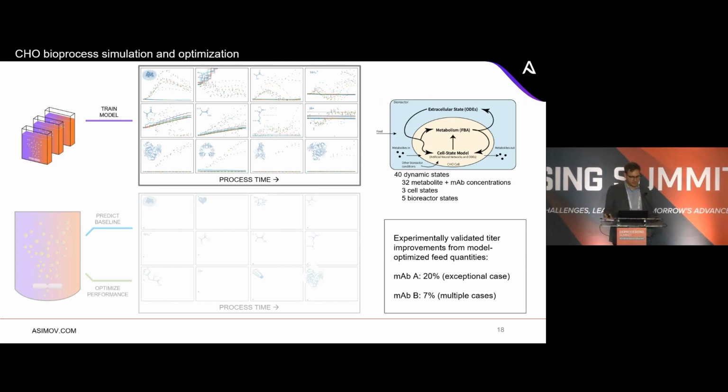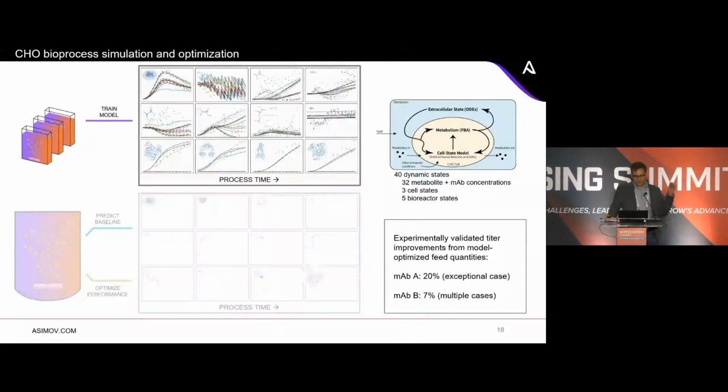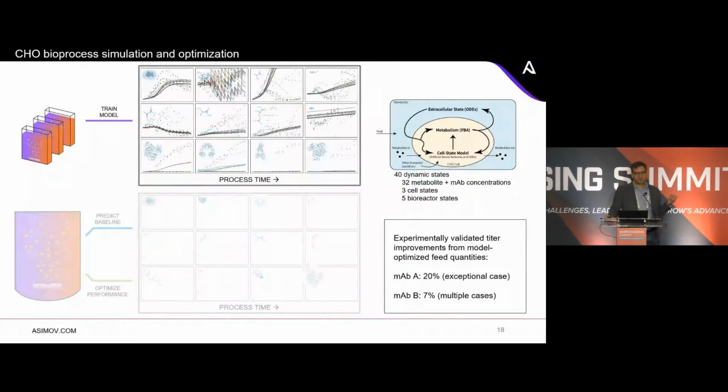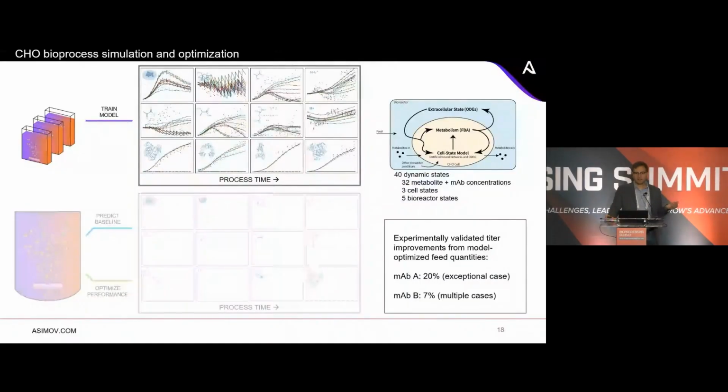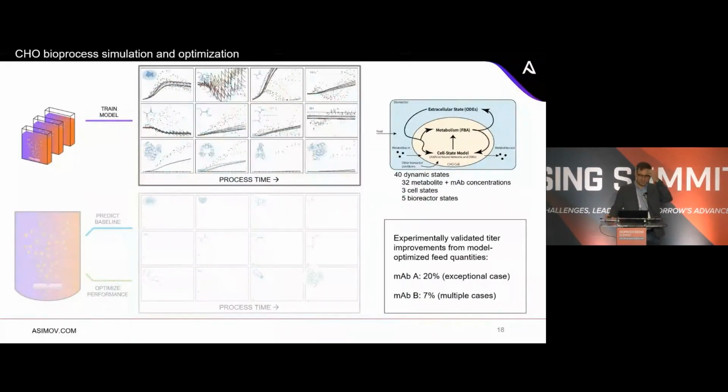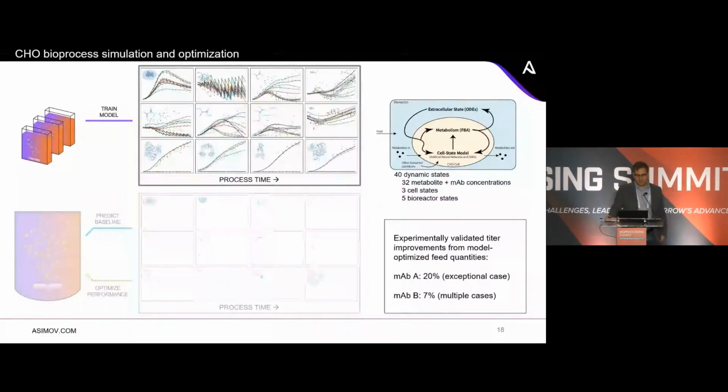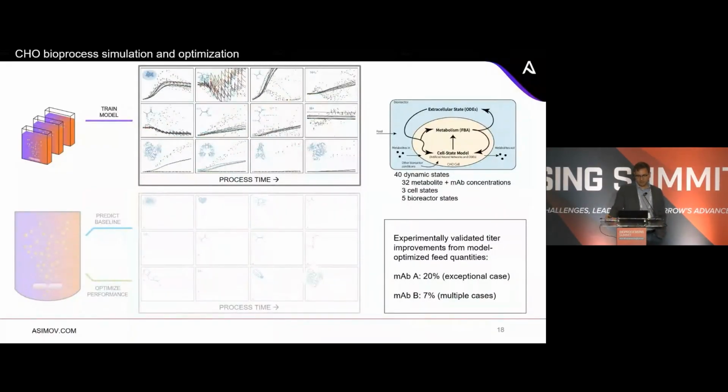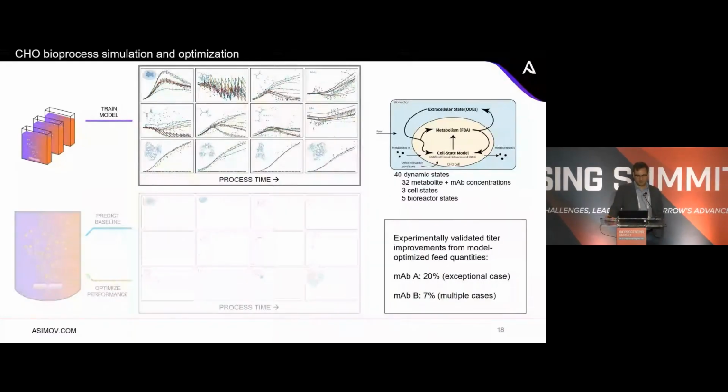So again, a typical use case might be something that we represent here, where this is how we train the model, right? So we have a set of experimental conditions that represent a fairly wide variety of process conditions, feed strategies, for instance, media compositions, and different mAbs. I'm showing you here 8 different metabolites on the top 2 rows. So the first one is actually not a metabolite, that's viable cell density.